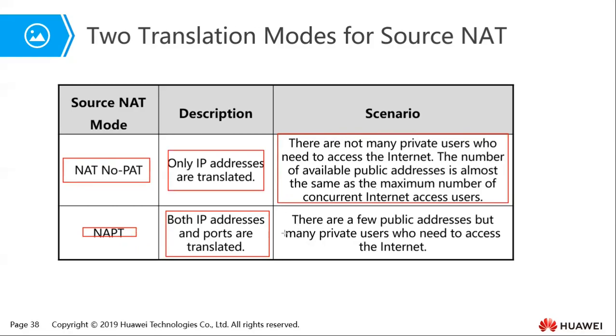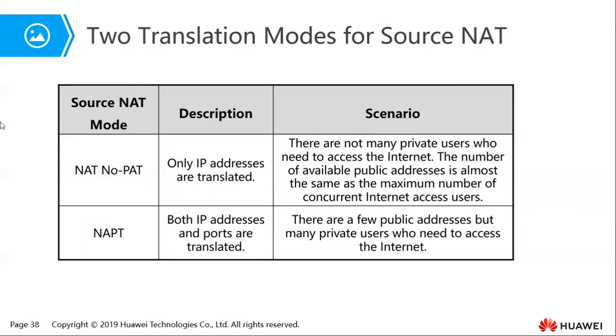Now, network address port translation is used when there are a few public addresses, but many private users who need to access the internet. When you have such a condition, then we need to use network address port translation.